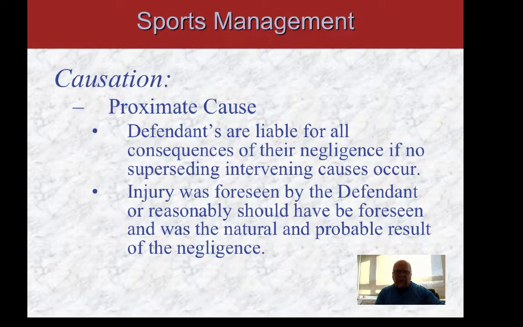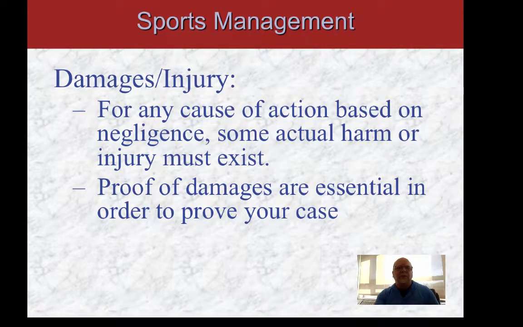Still have to pay for the injuries for the person that he hit in the car. But the tire popping off was a superseding intervening cause that the defendant really didn't foresee. Right? It wasn't a natural and probable result of that negligence because you expect everybody to have tight lug nuts. Make sense? If you have any questions, you always know. Give me a call. All right.